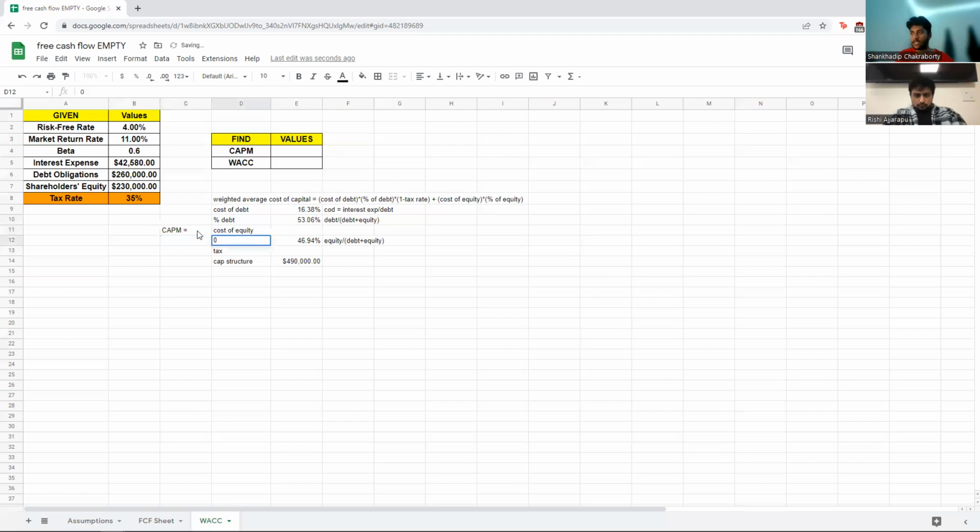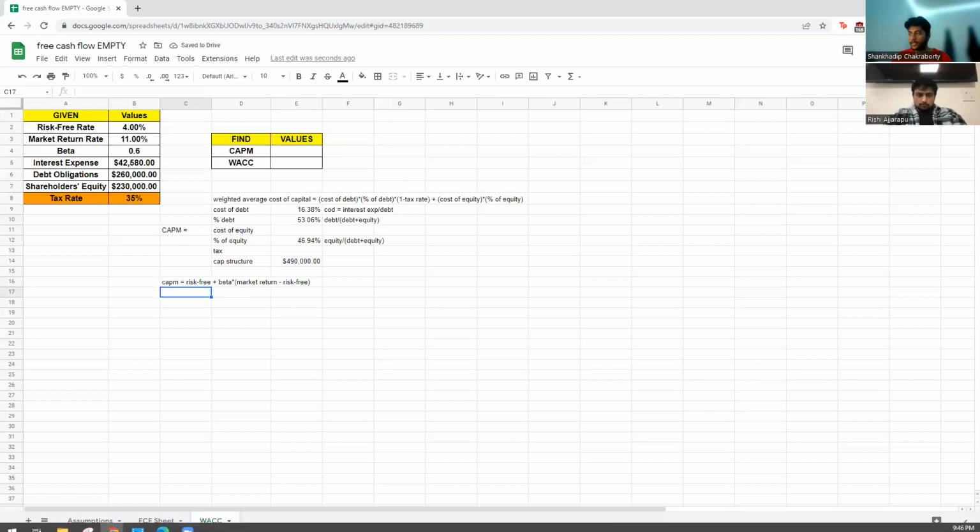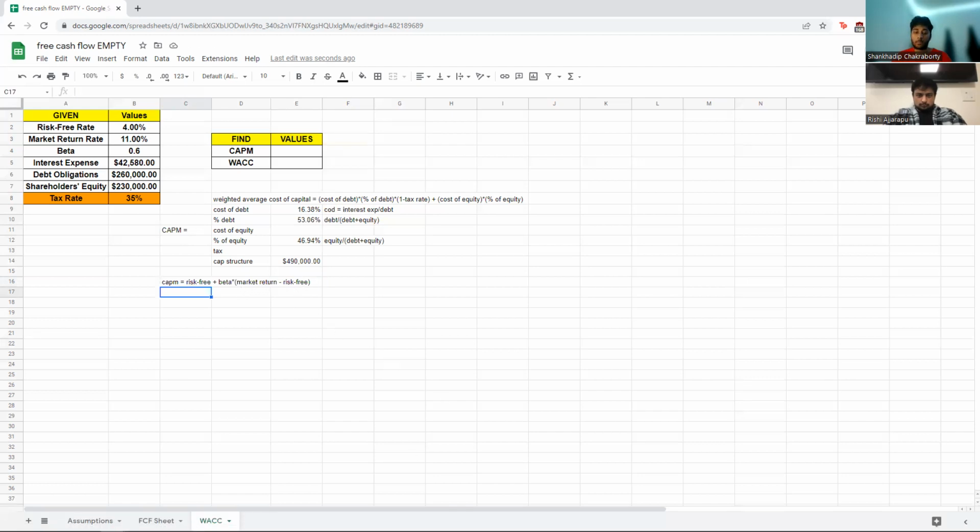So CAPM is the cost of equity. So what's the CAPM equation? CAPM equation is the risk-free rate plus your beta times your market return, that's how much you expect to get in the market, minus your risk-free rate. And that last part is in parentheses. So that thing in the parentheses, market return minus risk-free, that's called the market risk premium.